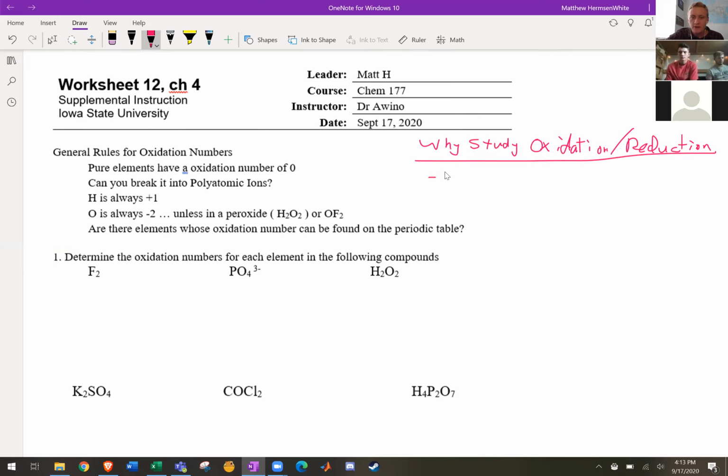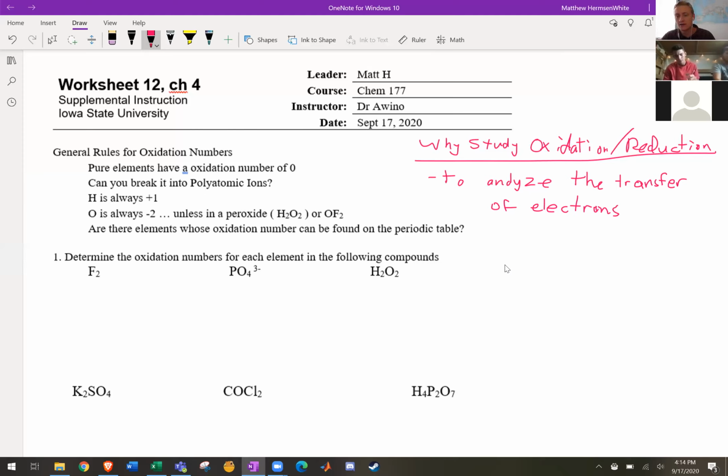This is primarily to analyze the transfer of electrons. Almost everything we're going to be doing today is regarding oxidation reduction, and that just means it's a reaction where you're having some sort of a transfer of electrons from one element to another.